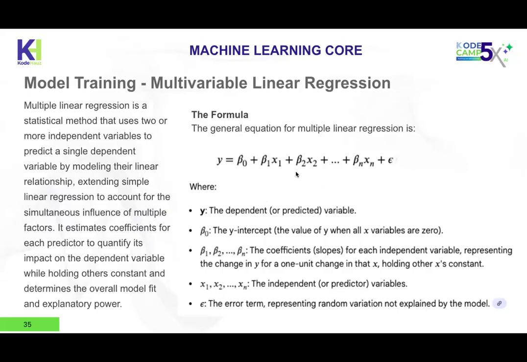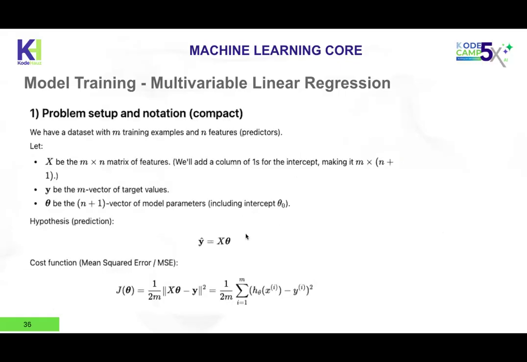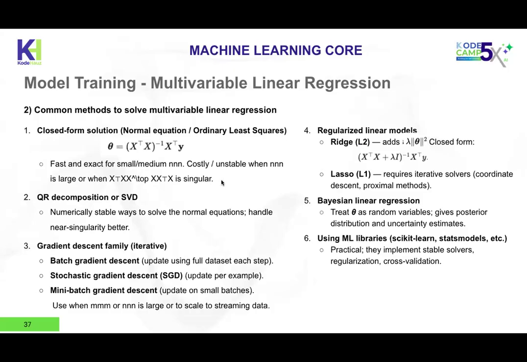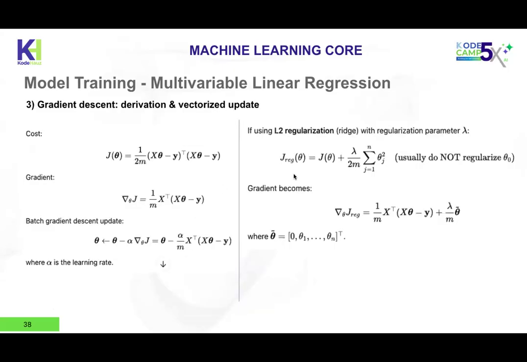But this is multivariable linear, or multiple variable linear regression. And when you are solving it, you use exactly the same method that we are using here. The only difference is that now we will calculate the contribution of each x. The main difference is when we are doing the gradient.